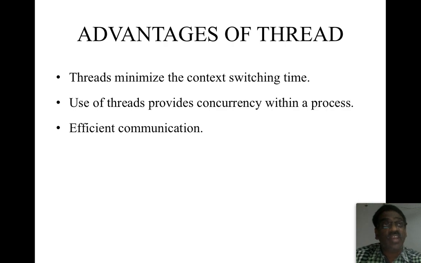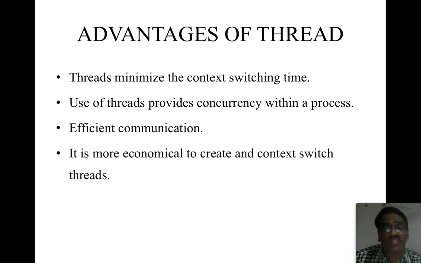Next is efficient communication between threads. I already explained IPC, inter-process communication, which is two-way communication. There are two types of communication: asynchronous message transfer and synchronous. You have to maintain efficient communication between the threads.